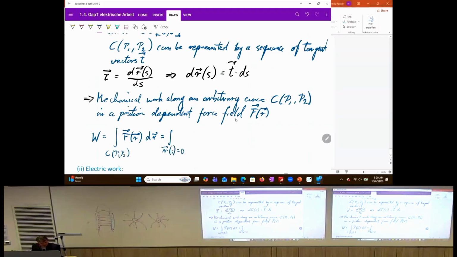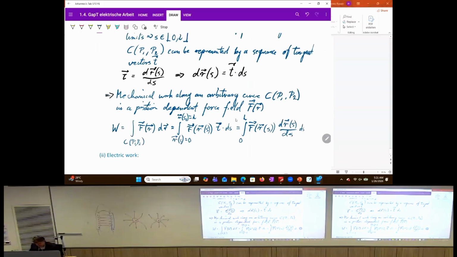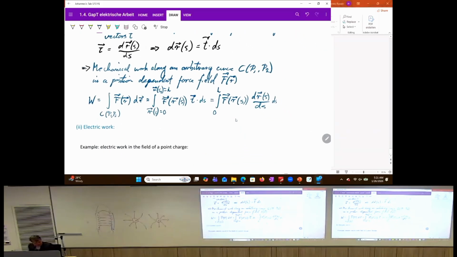We run from S1 to S2, which is L, and integrate over F. So we have our parameterized force field, and the adjusted line element becomes, basically, the tangential component, which is also equivalent to taking the force field of r of s. Okay, so this is our equation 1.6, and this is also something to be highlighted.